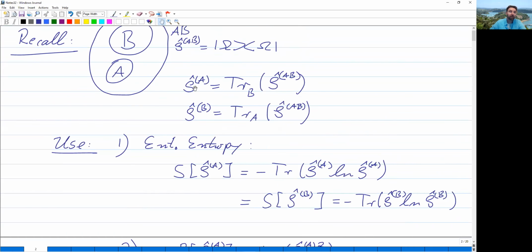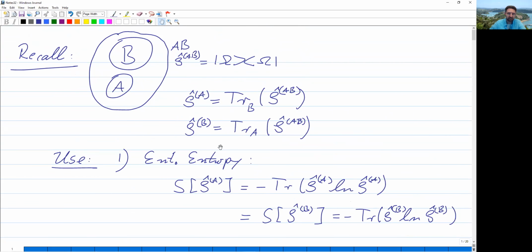Remember too that what I just said is true if the total system is in a pure state. That is to say, if B, as we say, purifies A and A purifies B, in the sense that if you consider them together, the total system AB is in a pure state.